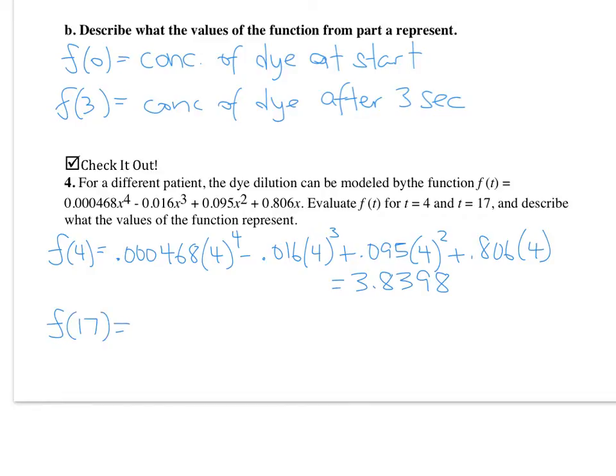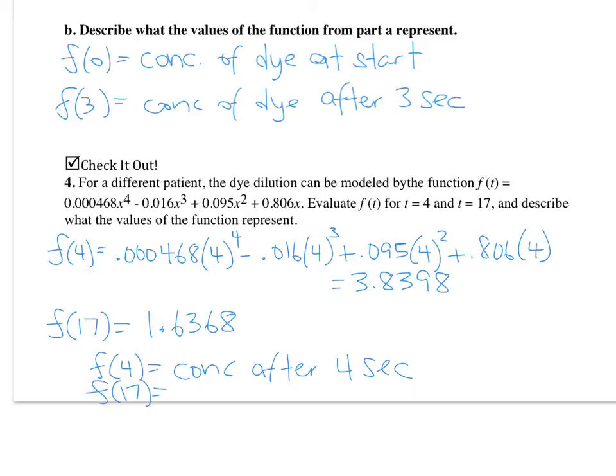The second one, I'm not going to write out the whole substitution. I think you got the point. You should have gotten this answer. f of 4 is the concentration after 4 seconds, and f of 17 is the concentration after 17 seconds.